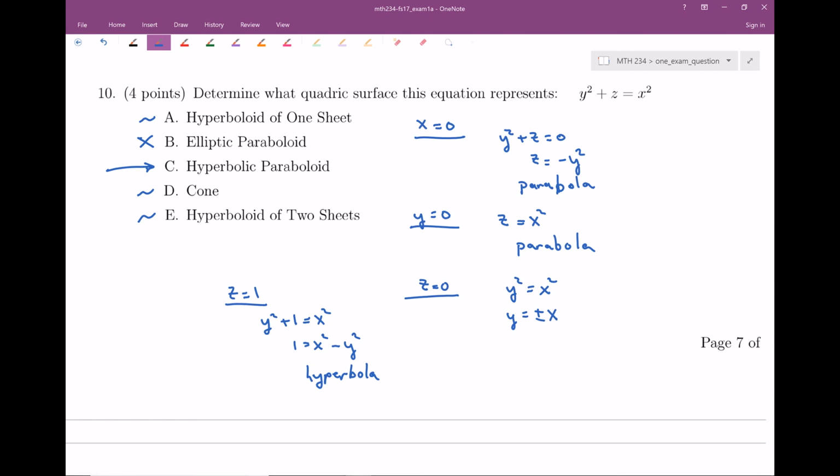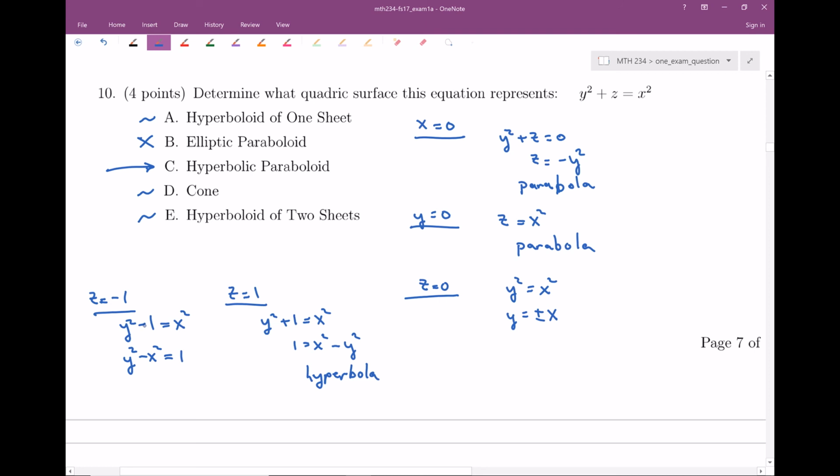But let's choose one other value. I said you can choose any other one, like z equals negative 1, for instance. In this case, we would have y squared minus 1 equals x squared. I'd have y squared minus x squared is equal to 1.